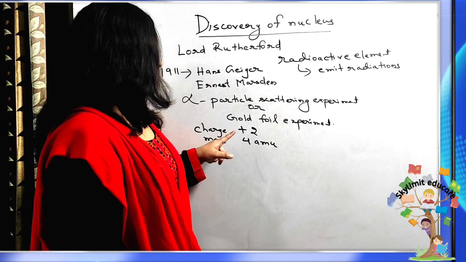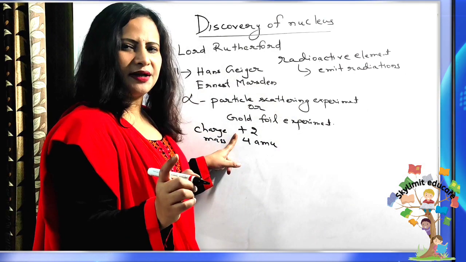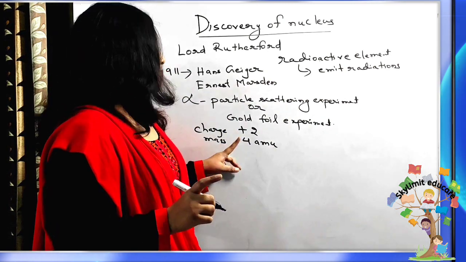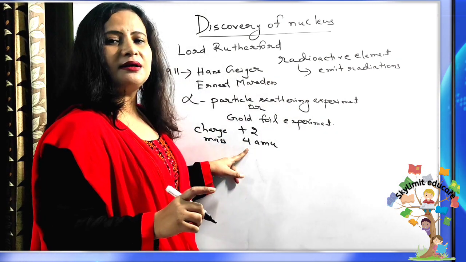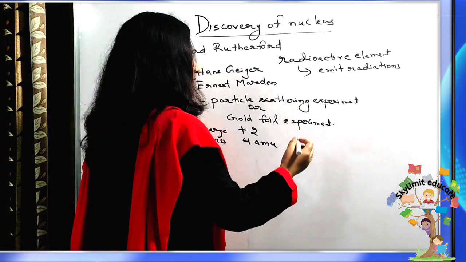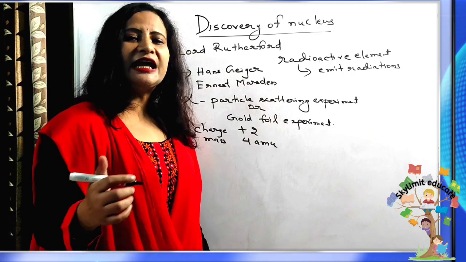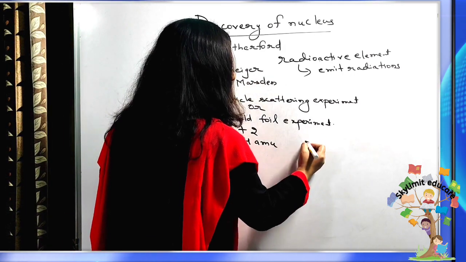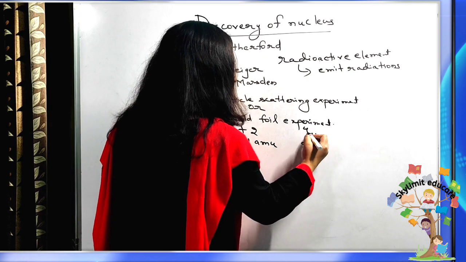The charge on the alpha particle is what? It's a charged particle, remember students. It has a charge of +2, and the mass of this alpha particle is 4 atomic mass unit. So we can also say that it's a doubly charged helium atom. Remember the helium, 2He4.